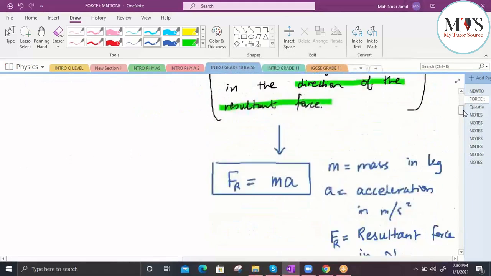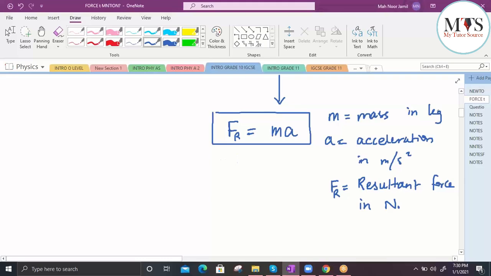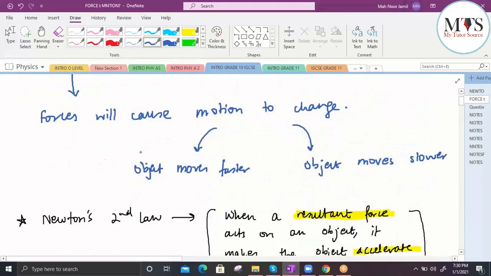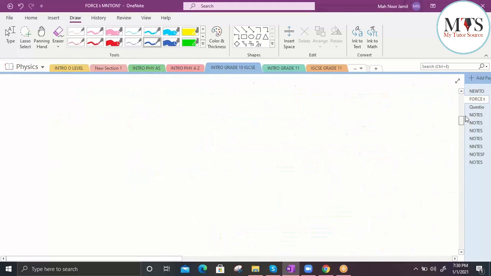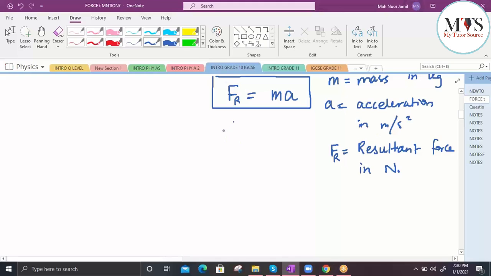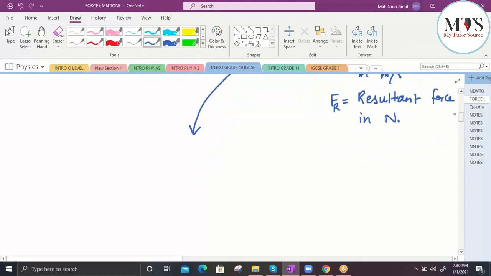Now this equation is precisely reflecting both these cases, when your object moves faster and moves slower. Meaning, if I were to draw a kind of relationship between force and acceleration, I see that there is this direct relation between the two.